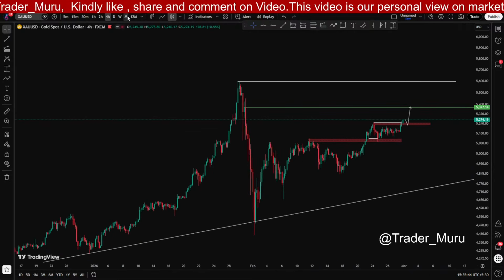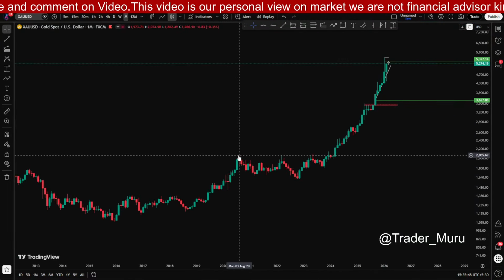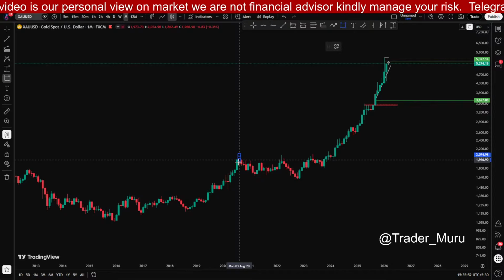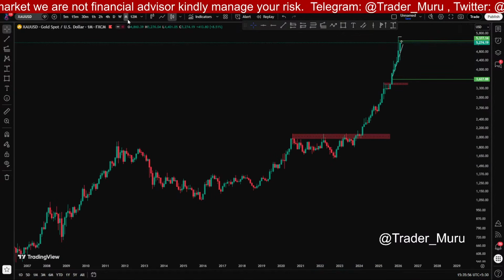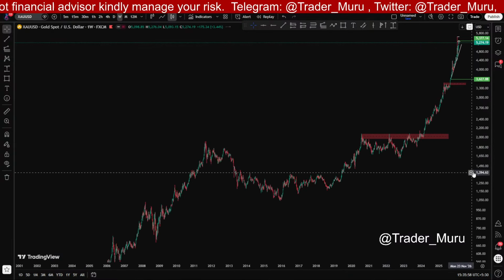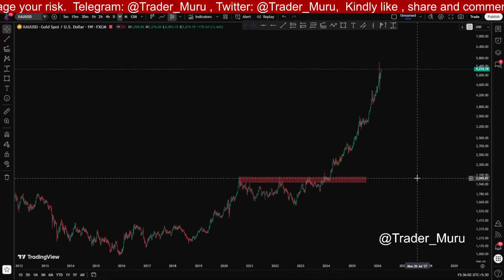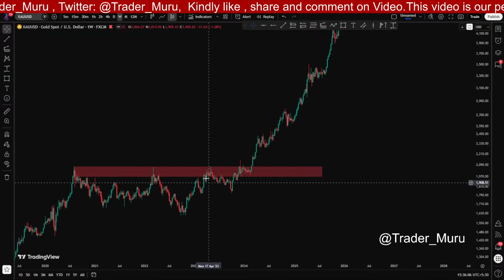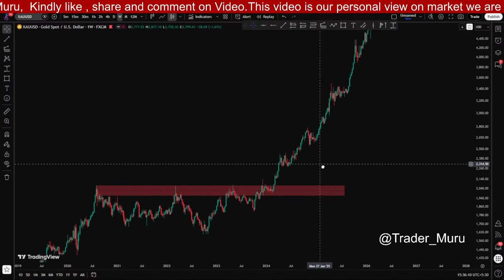The people who were watching for short from here, imagine what they have done. Just look at this and tell me, is it bearish or not? After this high, everyone was saying this is the high, price can't go above it.